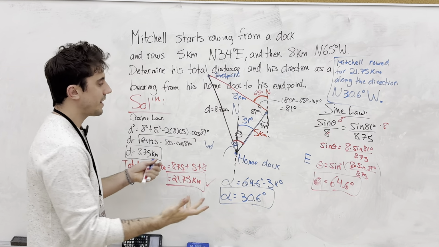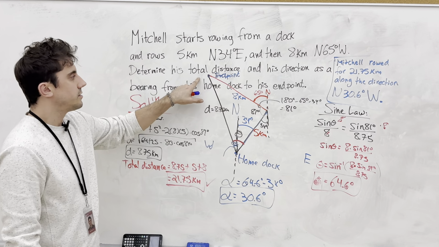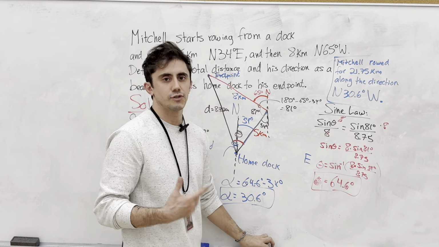If he were to have made this journey all at once and gone directly from his home dock to his endpoint, is what we're kind of trying to get at.